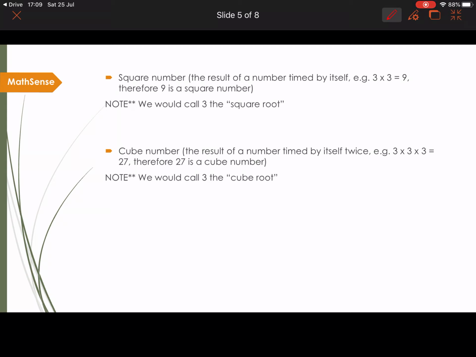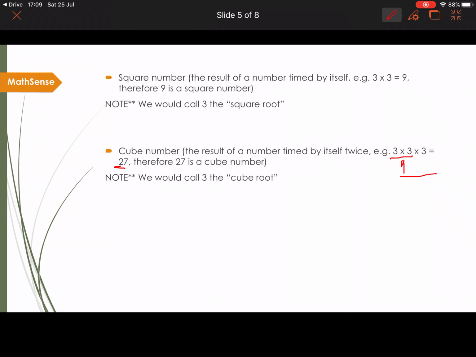Okay, a cube number is the result of a number timed by itself twice. So 3 times 3 times 3. 3 times 3 is 9, as we learned above, and 9 times 3 is 27. Therefore, 27 is the cube number, and we would say that 3 was the cube root.